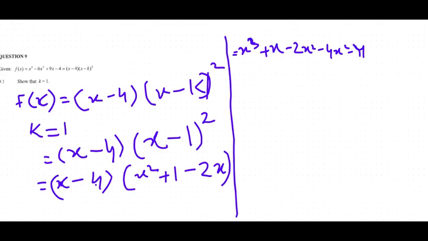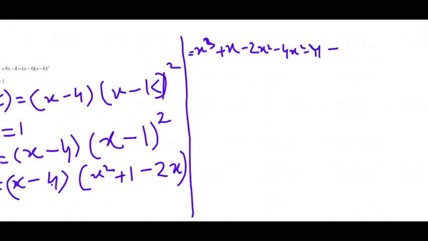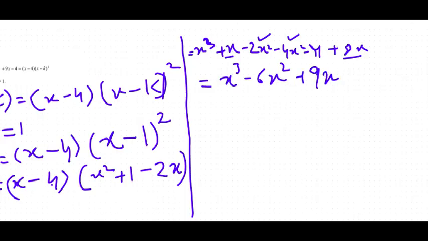So I'm going to simplify the expression. We have an x cubed, and then we have x squared and x squared, so it becomes minus 6x squared. And now we take the x terms: we have 8x plus x, which is 9x, and then the constant is minus 4.